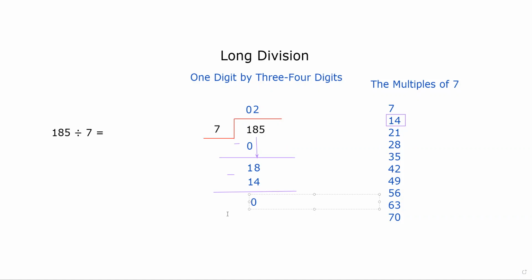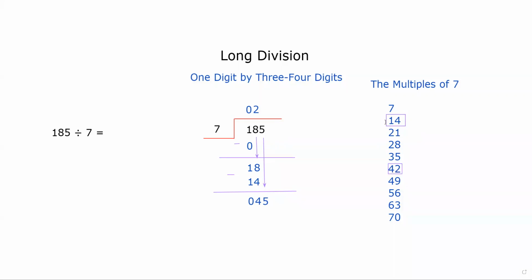And then after doing the minus, 5 will come down. Okay. And then I'm going to look again. Do I have 45 in table of 7? No, but we have 42. So I'm going to choose 42.